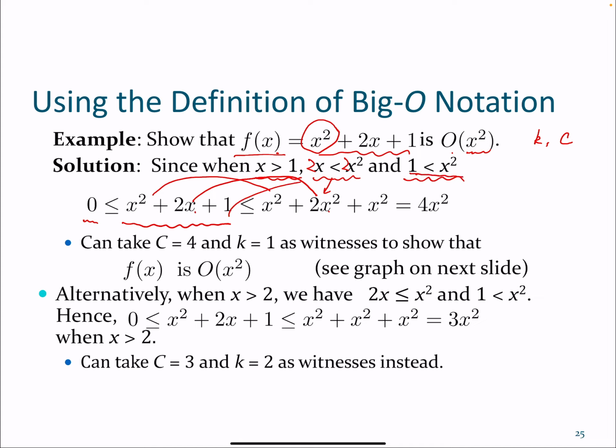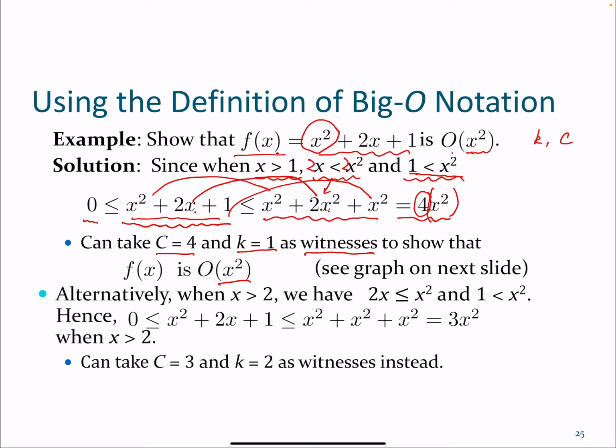So these three added together are smaller or equal to these three added together, and the right-hand side is equal to 4x squared. You can consider this is your g(x), and this 4 is your c. So then you get a pair of witnesses. We can take c equal to 4 and k equal to 1 as the witnesses to show that f(x) is big O of x squared. So that proves f(x) is big O of x squared.